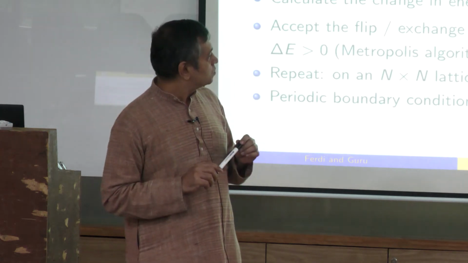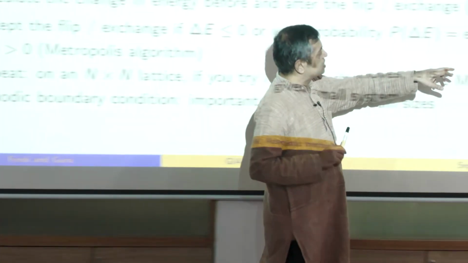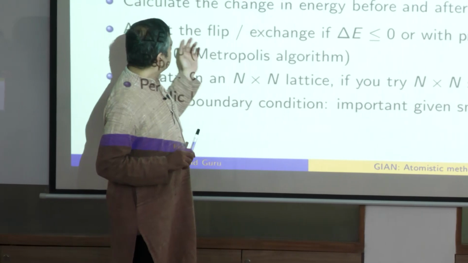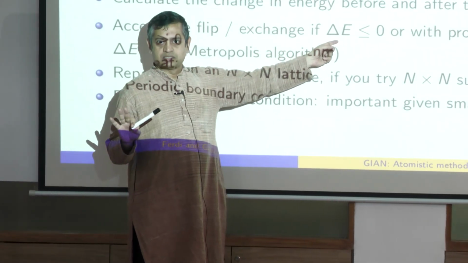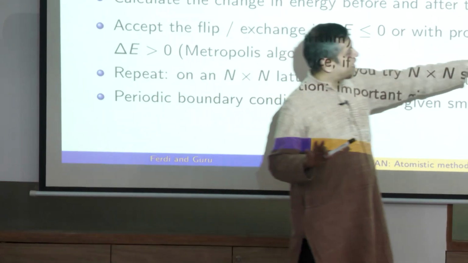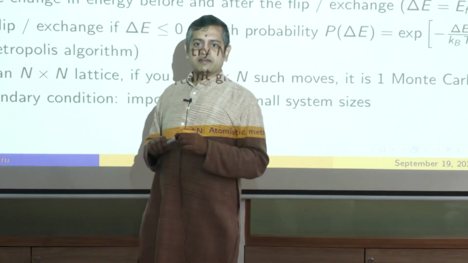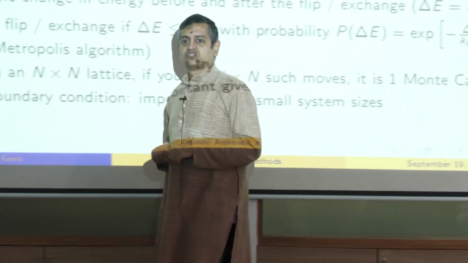Okay. So, at any temperature which is non-zero, our algorithm is like this: if the flip or exchange reduces energy we accept it. If it does not reduce energy we also accept it, but with a probability which is given by exponential of minus delta E by kBT.